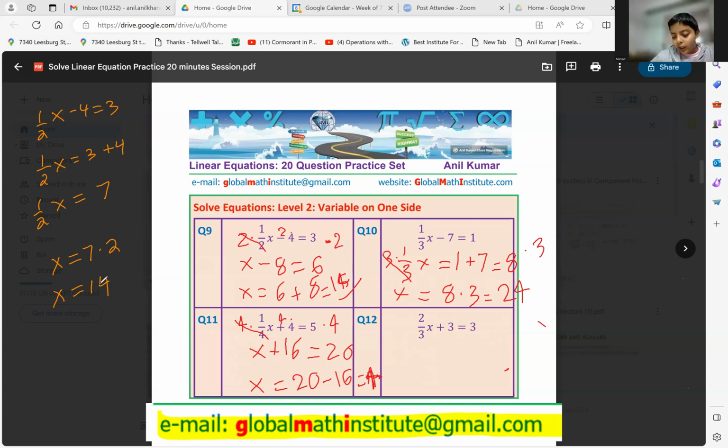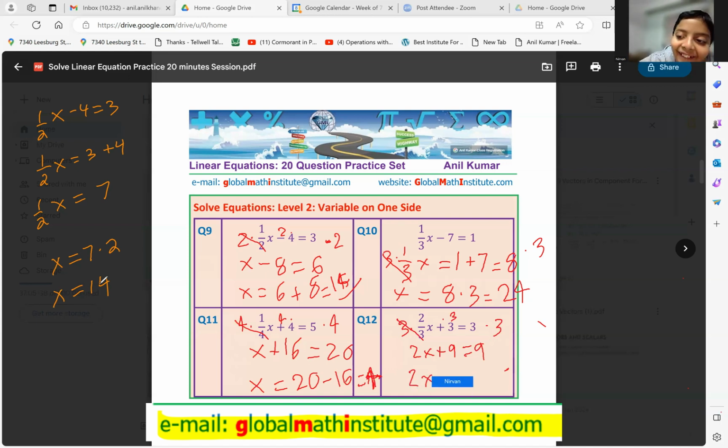Okay, so this time, what you do? You multiply 3, 3 cancelled, so then 2x plus 9 equals to 9. Oh, I got it.